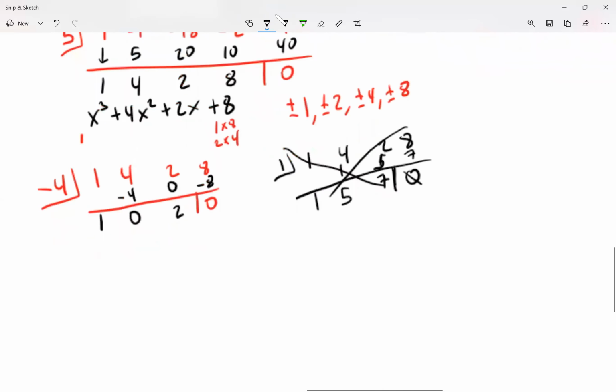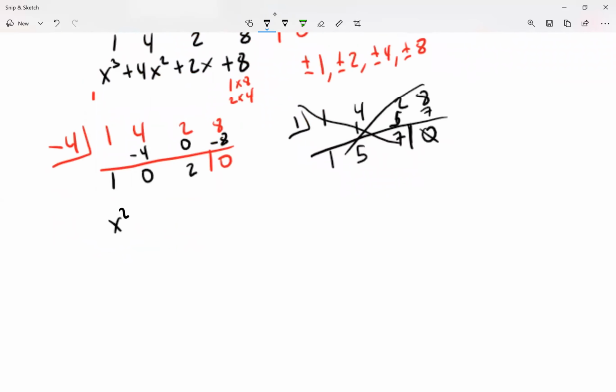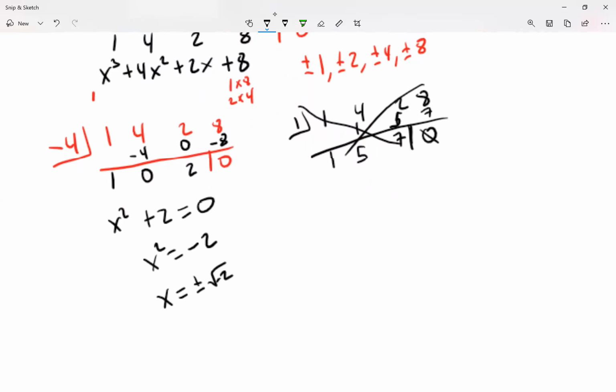So now I have x squared plus 0x plus 2. And I know this has to equal 0. Try the quadratic formula, try whatever you want. I'm just going to do x squared is equal to negative 2. So x is equal to the positive or negative square root of negative 2.